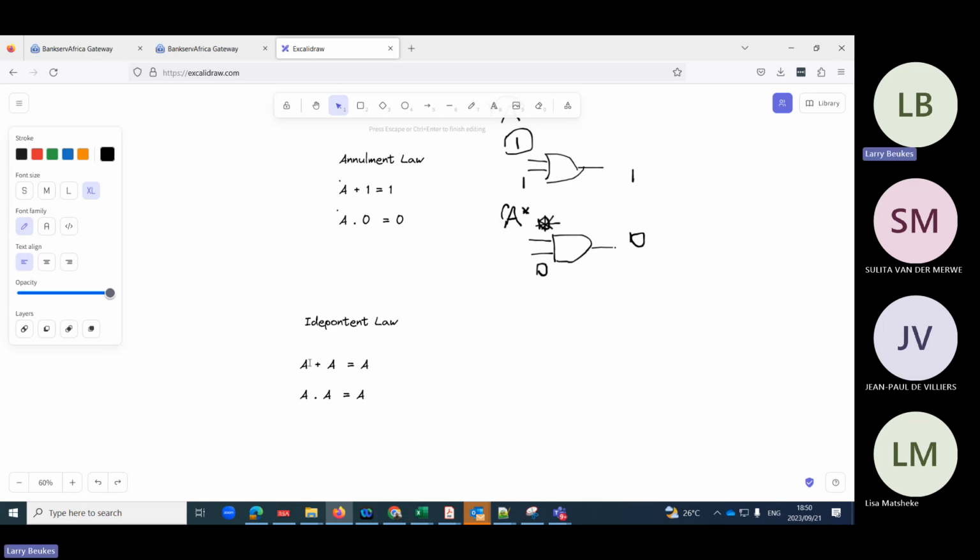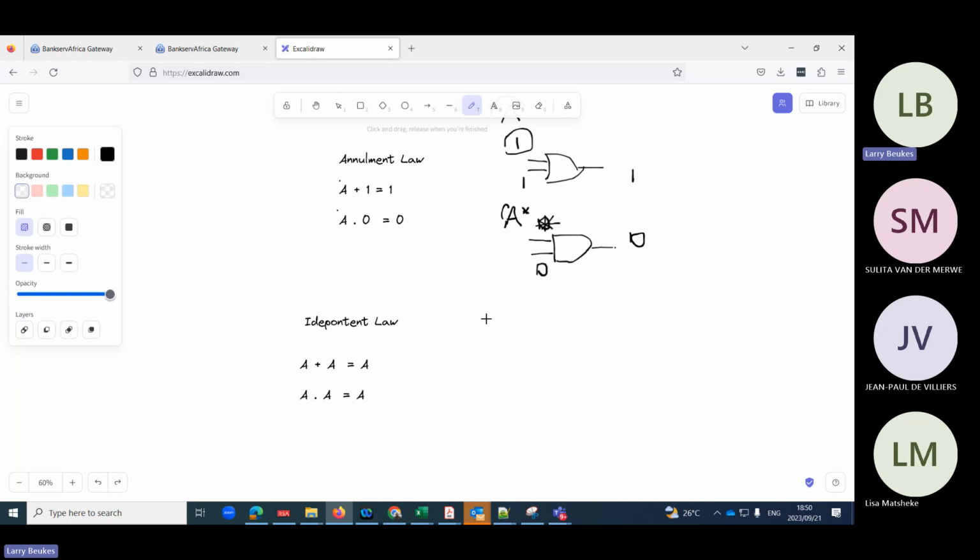So if they ask you to explain it, you can say if the inputs are identical, the output will be identical to one of the inputs. Even here, if the inputs are identical, the output will be identical to one of the inputs.